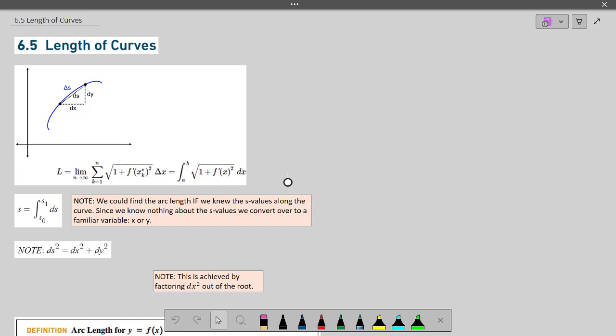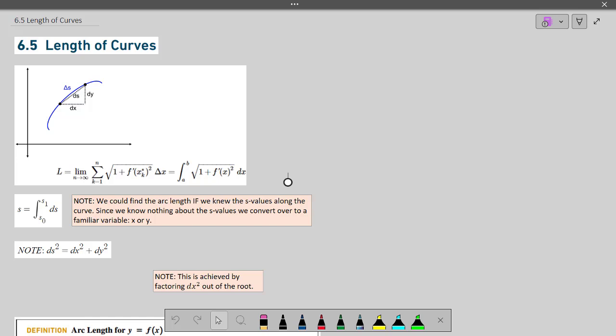Back in Calc 1, you learned that the increment is given by the Greek letter delta, D for difference. So delta S is the exact change in the position along that arc.